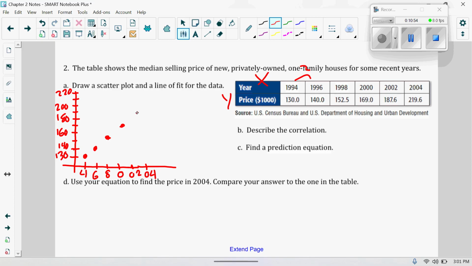That looks to be about right there. 2004 is a little bit higher at almost 220. So I graphed my scatter plot. Now I'm going to draw in a line of best fit. I'm going to say something like that looks pretty close.